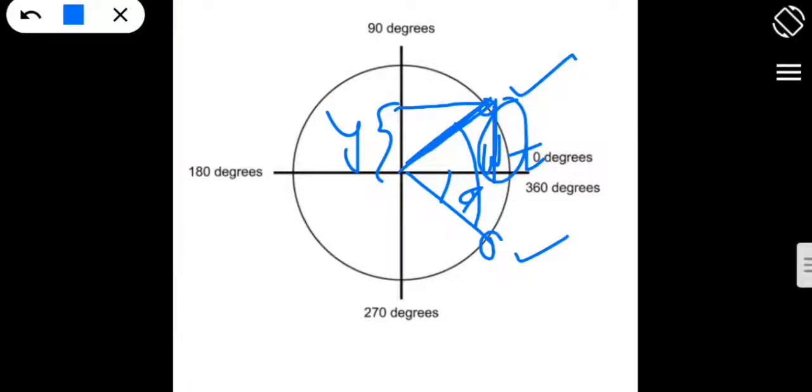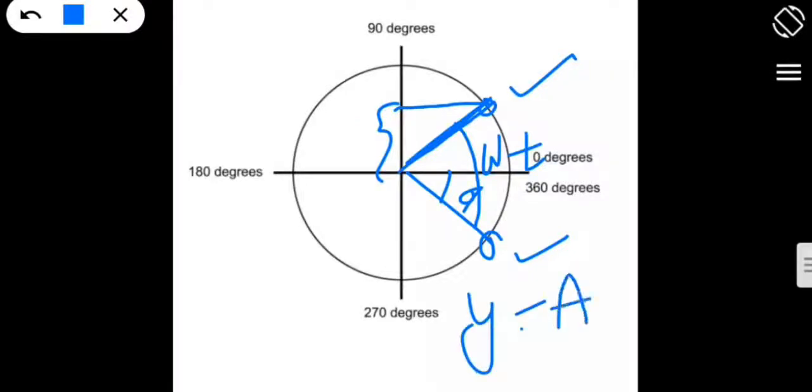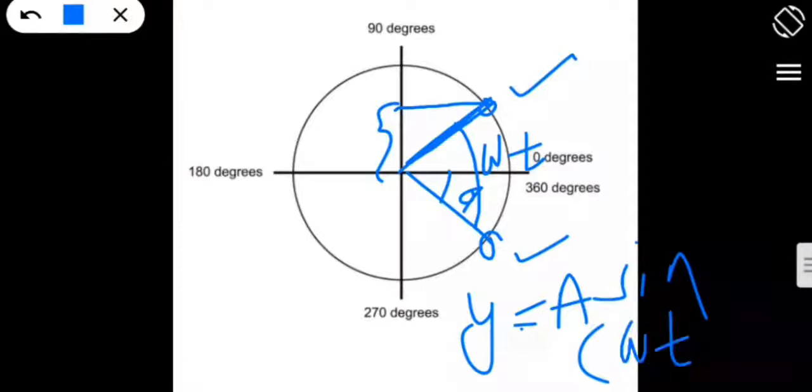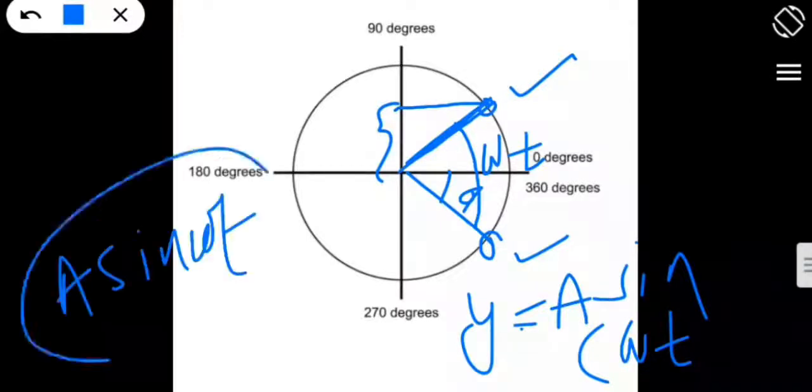If I calculate this y, the normal formula is y equals a sine omega t. But here a simple change is there.